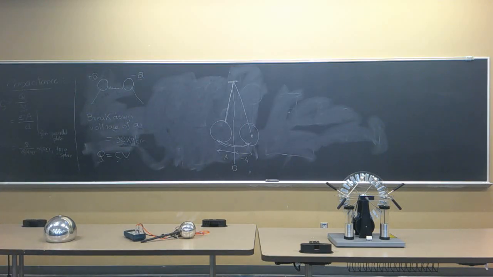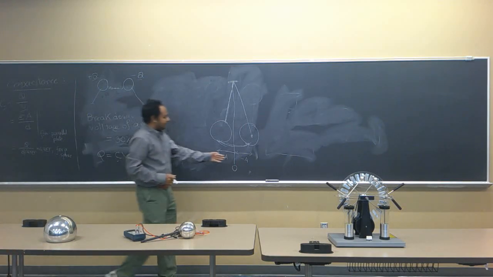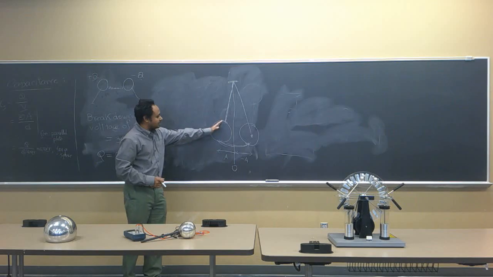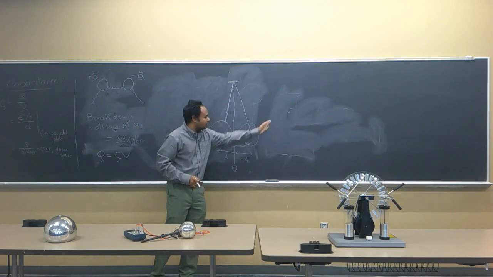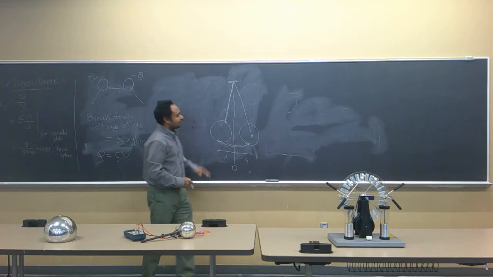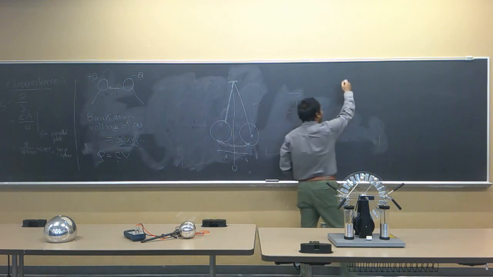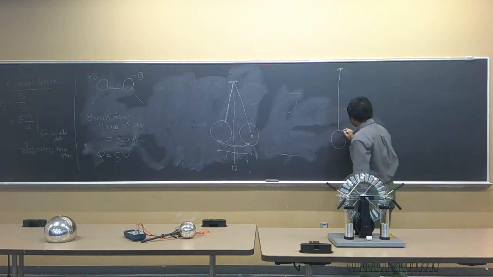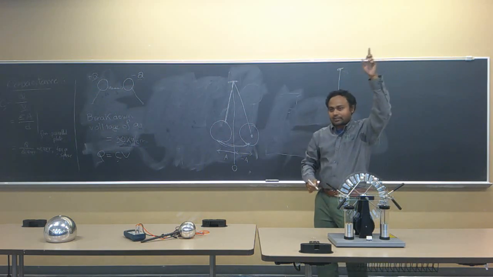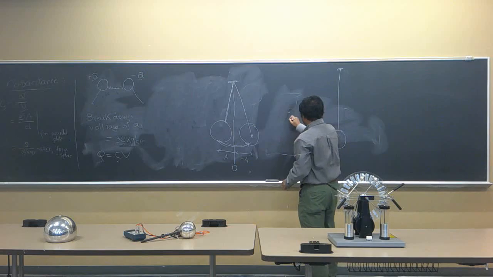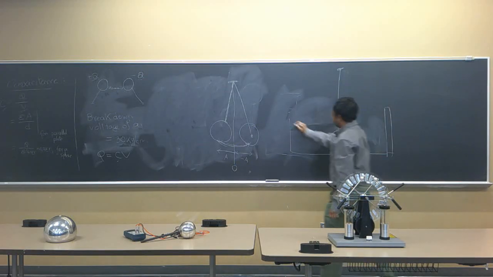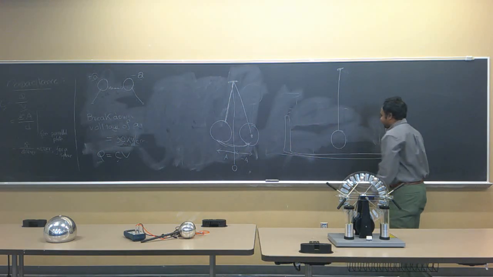Now he did the following. He said that this plus A and minus A actually comes from the energy conservation principle. Because of the energy conservation, it can never go beyond minus A or beyond plus A. So he took a very, very big and heavy sphere, attached it with a very big string, and hung it from the roof of the class. And so this is the class, the entire classroom.